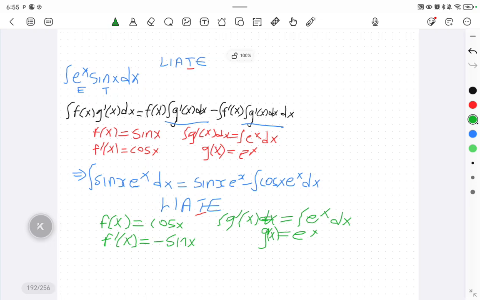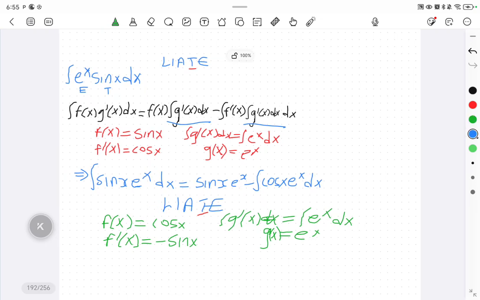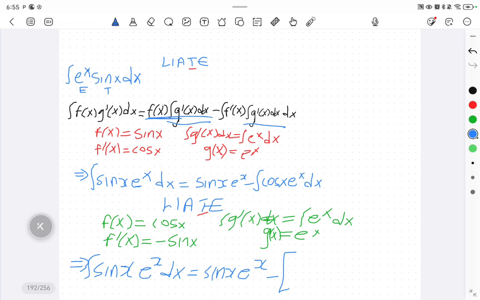You see, right? Now it means that I can come back and say this will imply the integral of sine x e to the x dx will be equal to sine x e to the x minus the integral of that. I'll apply that formula. It says that I have to write this. You see, f of x is what here? It's cos x.